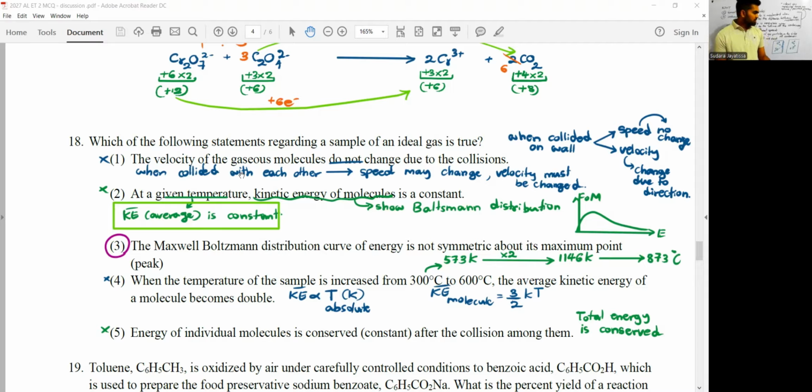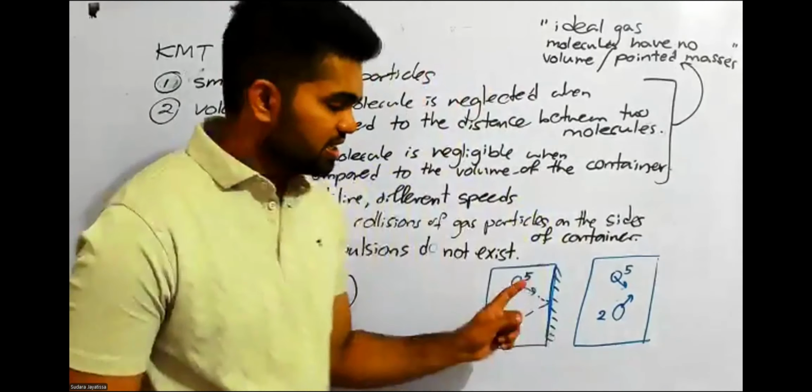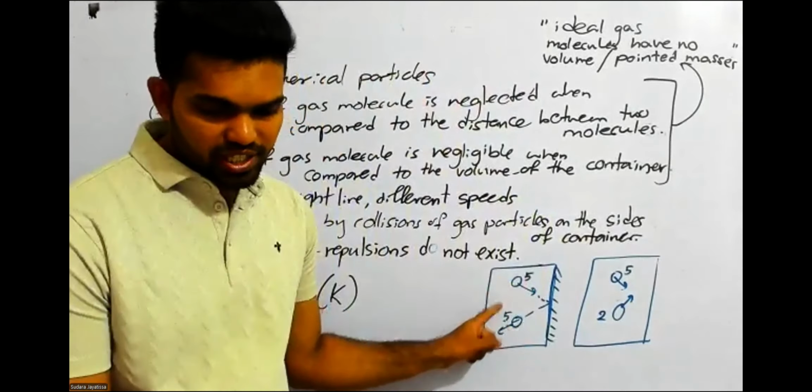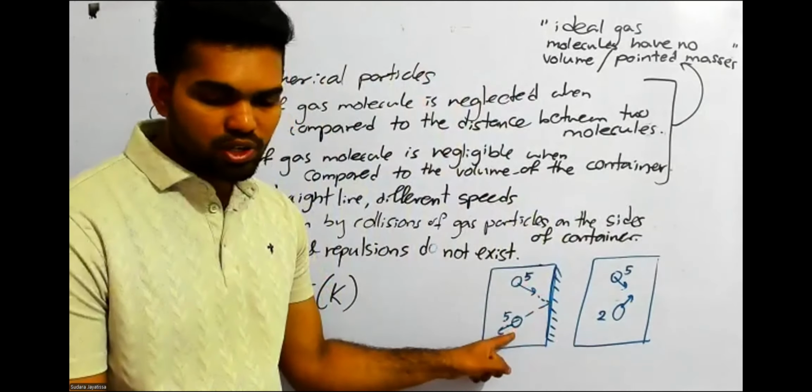And in all these collisions, the average kinetic energy is not going to be changed, right? Kinetic energy is not changing. That also depends, so let me explain. In here, kinetic energy is not going to change because it is colliding with the wall.